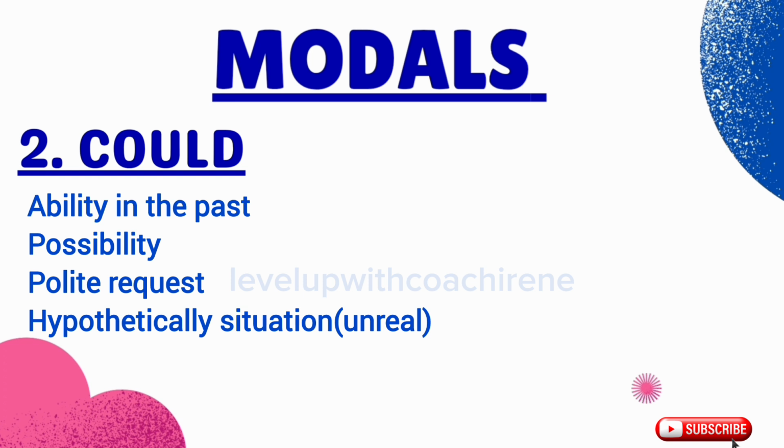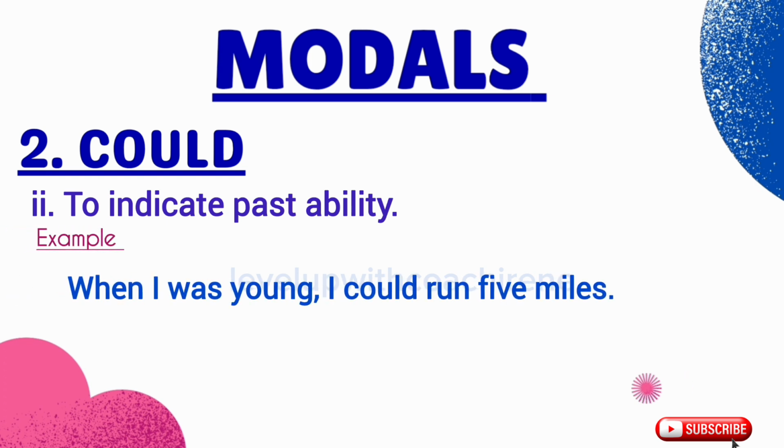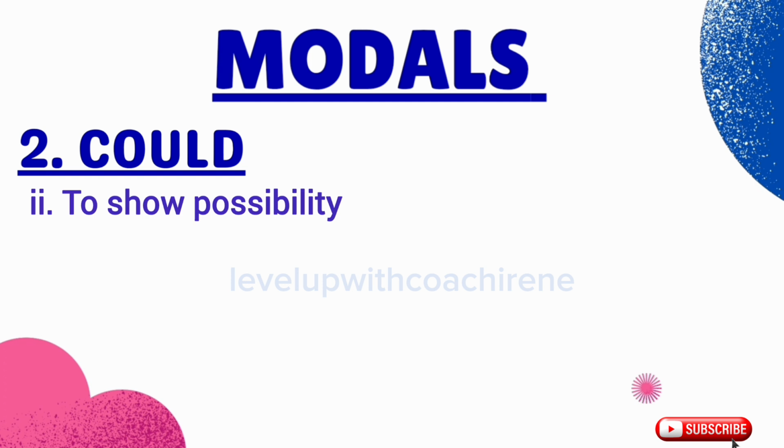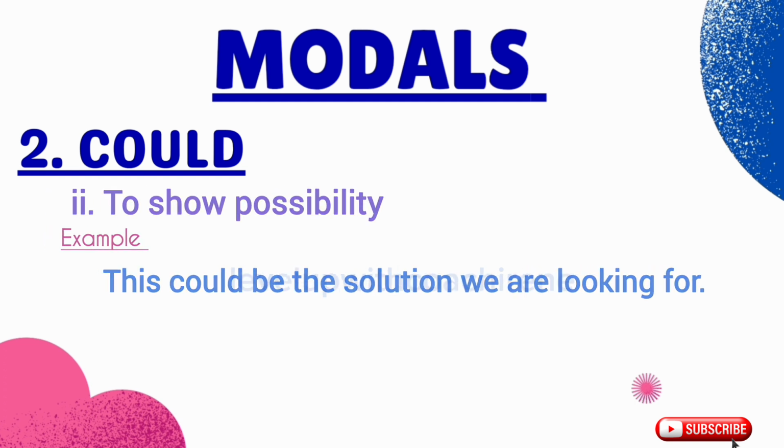Let us look at the uses of could. It is used to indicate past ability. For example, when I was young, I could run 5 miles. It is also used to indicate possibility, implying that something is possible but not certain. For example, this could be the solution we are looking for.